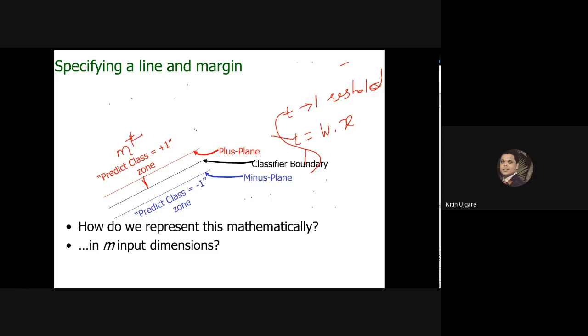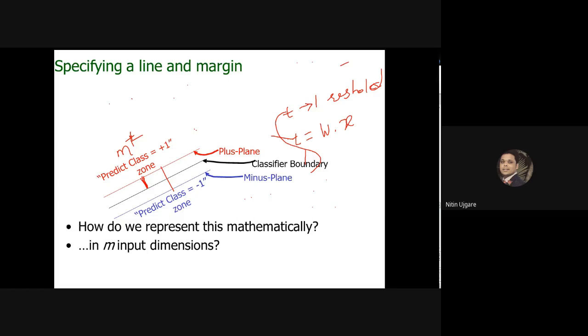Okay, so m plus is the smallest distance of support vector belonging to the positive class and measured in the direction of w. So w is the line which is perpendicular to the decision boundary, this black decision boundary. So this is my m plus.